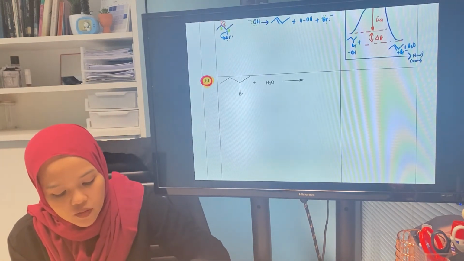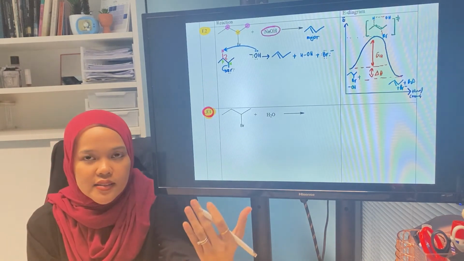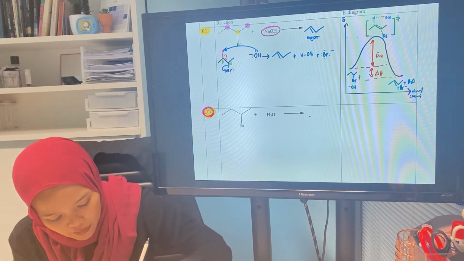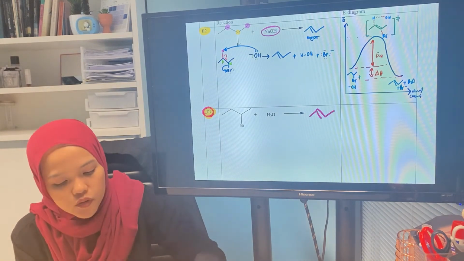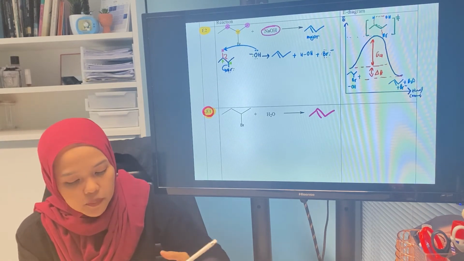So now you react this with water. As we said, the Zaitsev Rule applies, so the major product is just going to be similar to this one. This is the product.